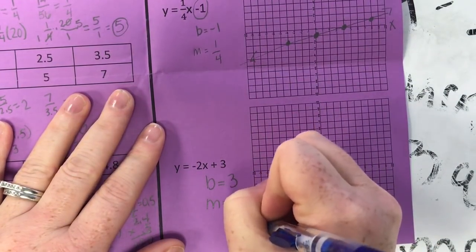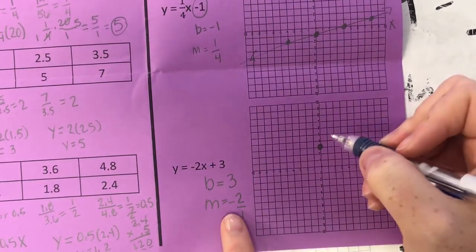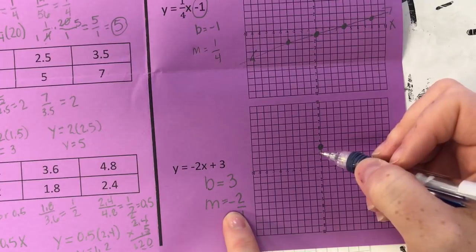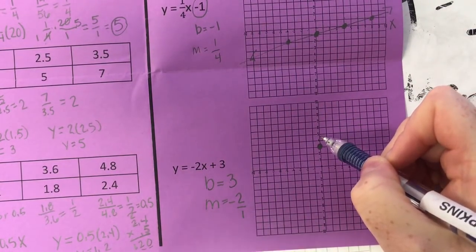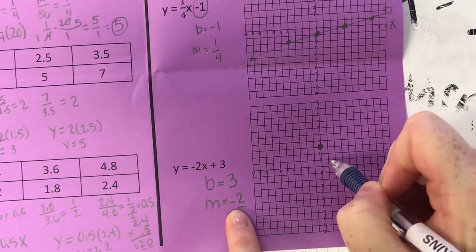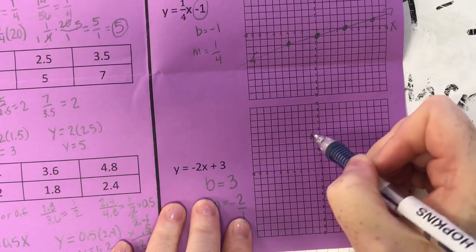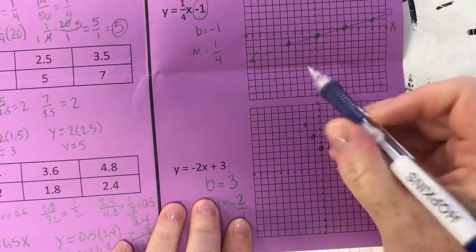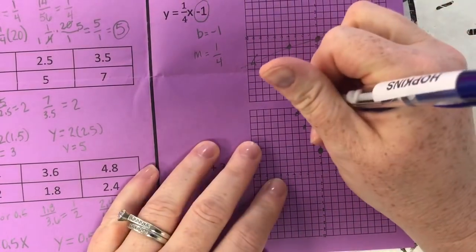Negative 2 over 1, because we need to put it in that rise over run form, okay? Now negative makes a difference. I can still go up, but instead of going to the right, I'm going to go to the left, okay? Or I can go down and to the right. Whatever, you're doing the opposite. Up and then over 1. Up and then over 1. Up and then over 1. Okay?